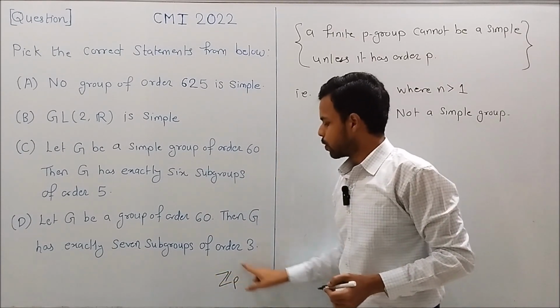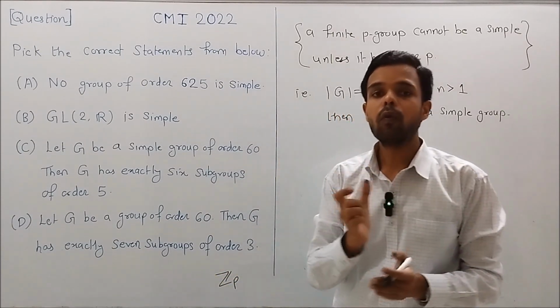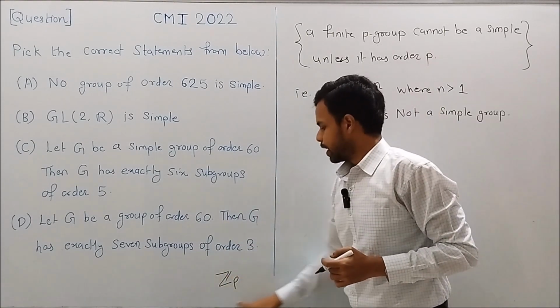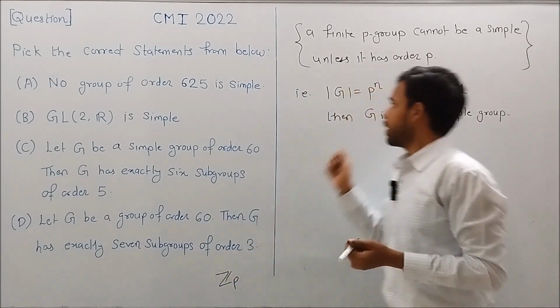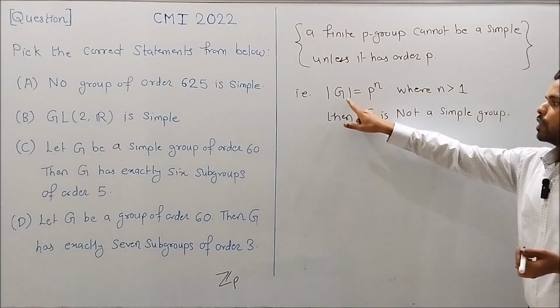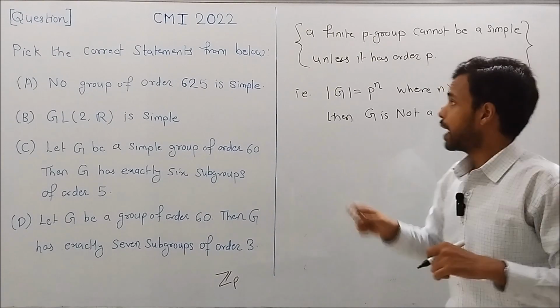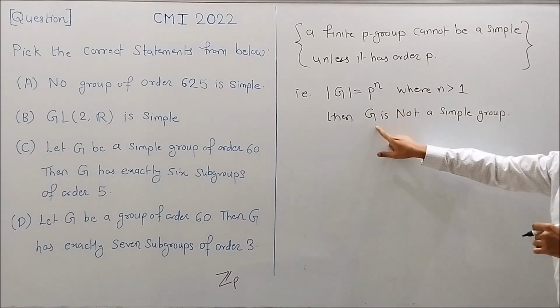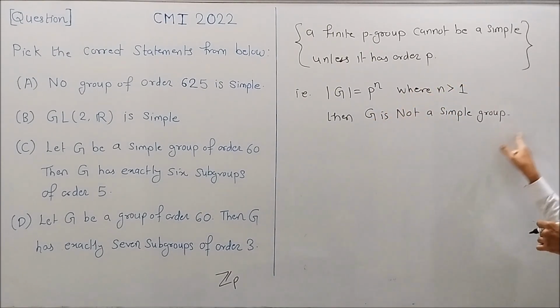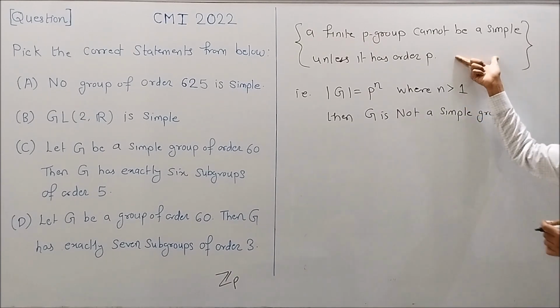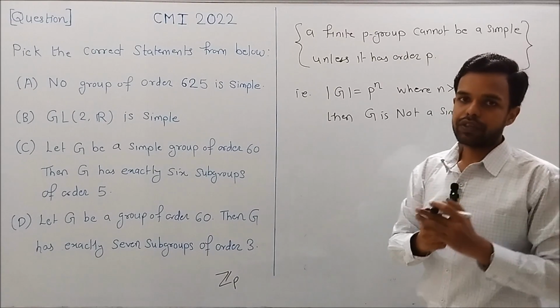And we know that the group Z_P has no proper normal subgroup, so it is a simple group. So when n equals 1, the order of G equals P and the group is simple. But when n is greater than 1, according to this result, G is not a simple group. You can easily prove this result by using the class equation of a group.